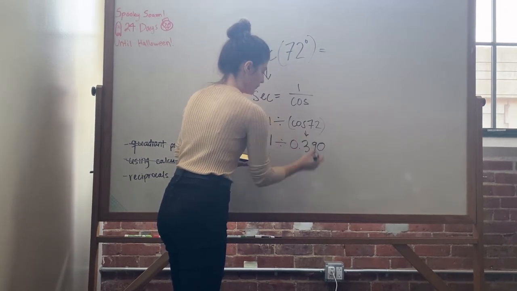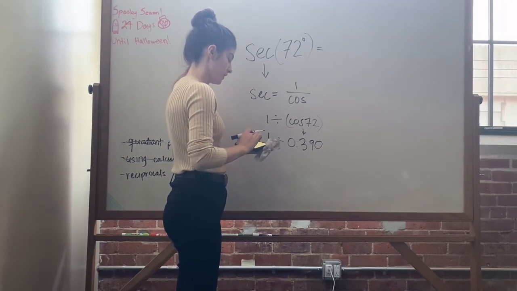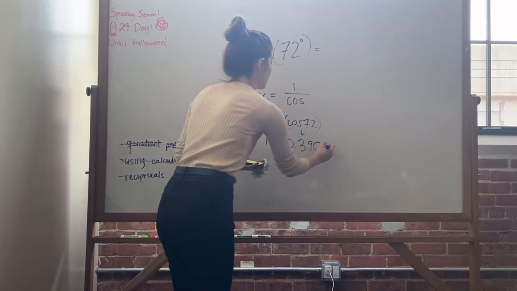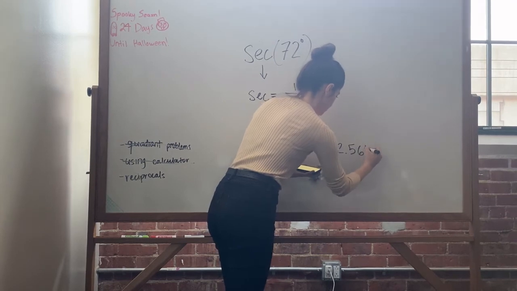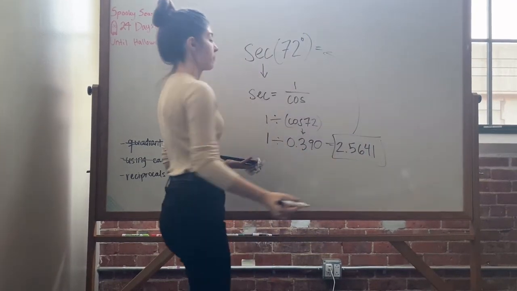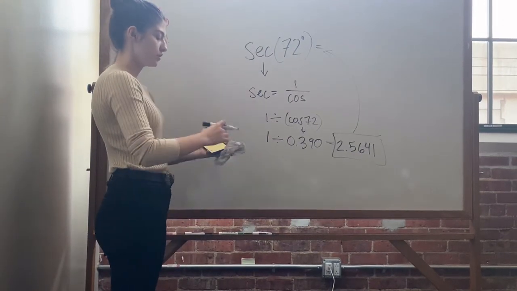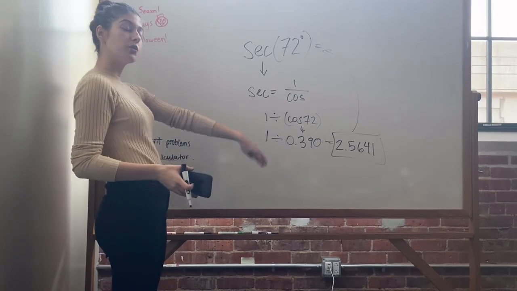All right, so let's plug that in. 1 divided by 0.39. Okay, and we get 2.5641. Amazing. That's all there is to that. So when you saw those questions on the test, that's all I was asking you to do.